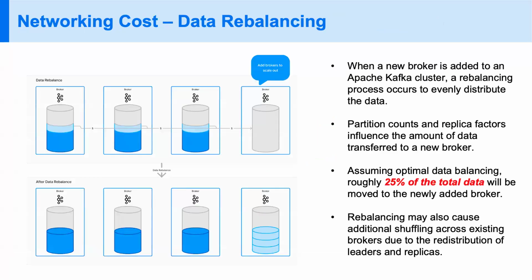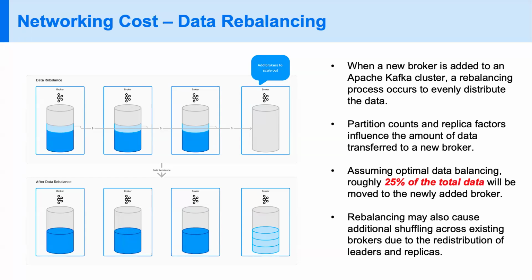And then last but not least, the third networking cost is from data rebalancing, right? A common scenario: you have a Kafka cluster with 3 nodes available, they're starting to get full, and you add a new broker. Data obviously first has to be shuffled over onto that particular broker in order for it to start serving data and requests.